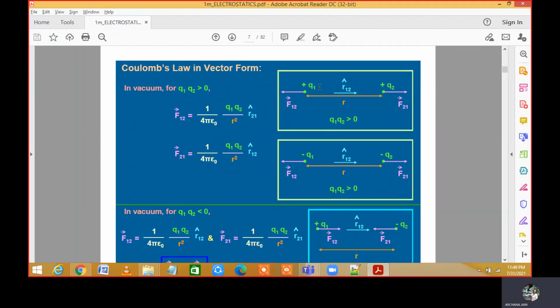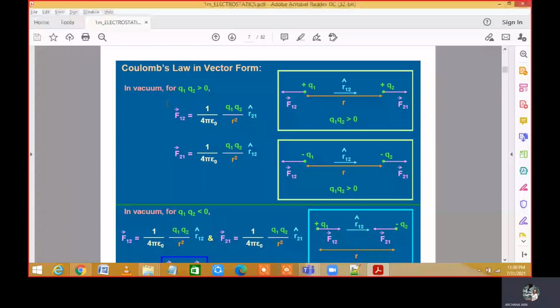Now, see here, because the two charges are positive charges, that's why they repel each other. F12 and F21 are opposite to each other and they are repelling each other because they are away from each other. F12 is the force experienced by charge 1 due to 2 and F21 is the force experienced by charge 2 due to charge 1. Quantity wise, these two forces are the same, but direction wise, they are opposite to each other.